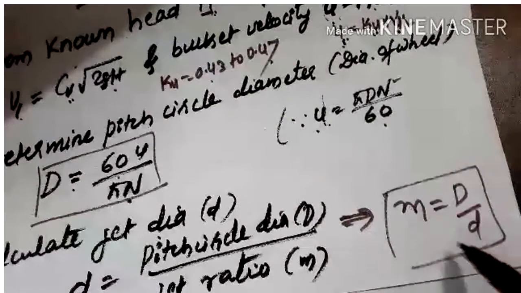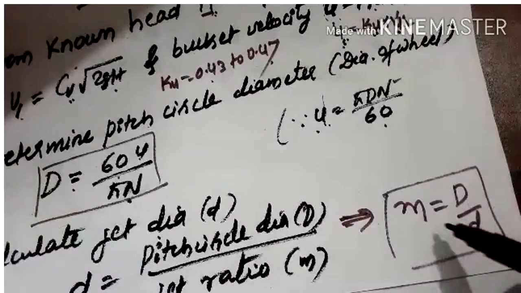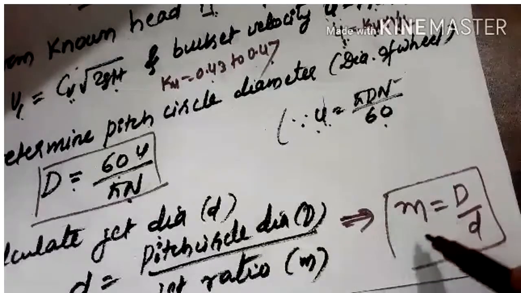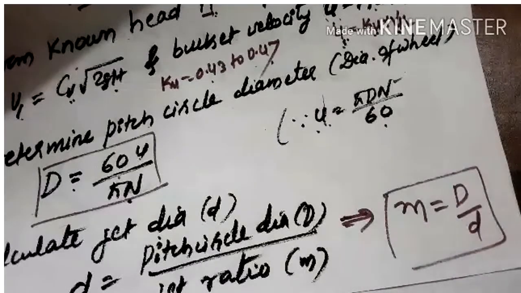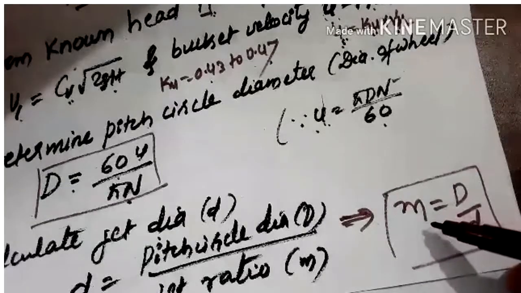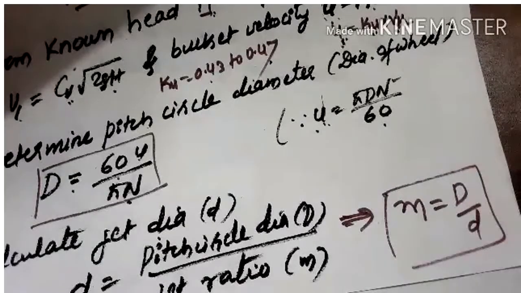From this we can easily get the diameter of the jet. If we know this jet ratio, generally for maximum efficiency, this ratio will be between 11 to 14.